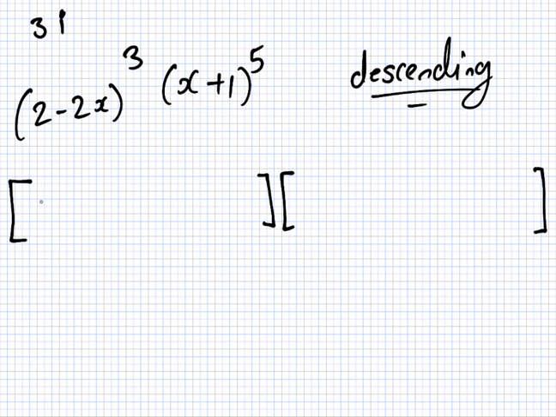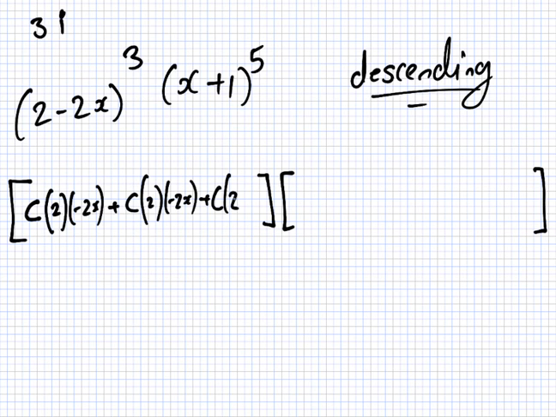So I know it will be a C, a 2, a minus 2x, plus a C, a 2, a minus 2x, plus a C, a 2, a minus 2x, plus many more.